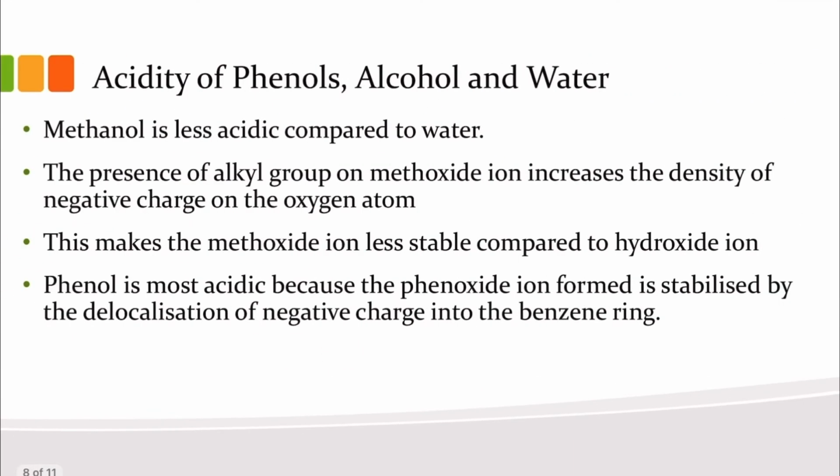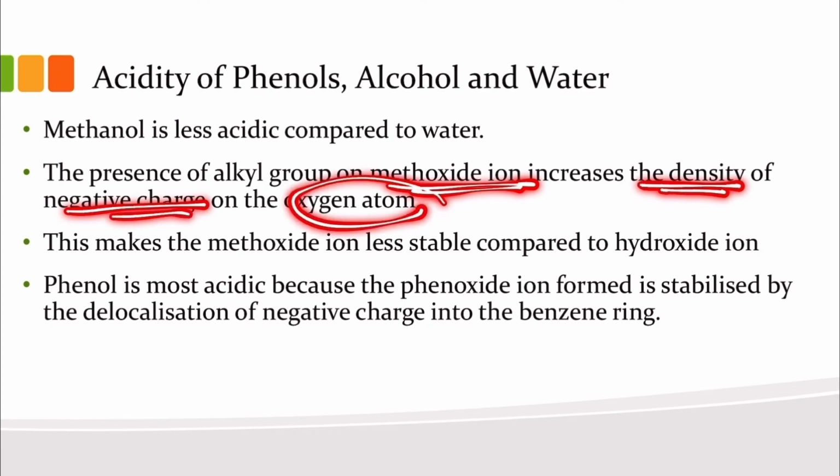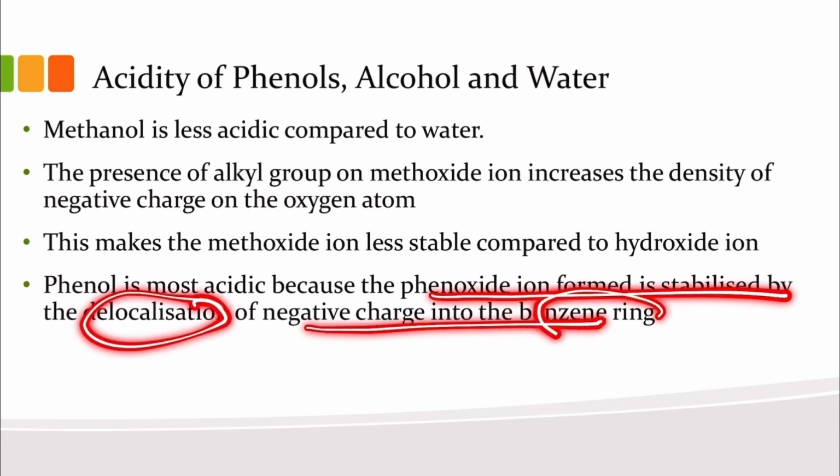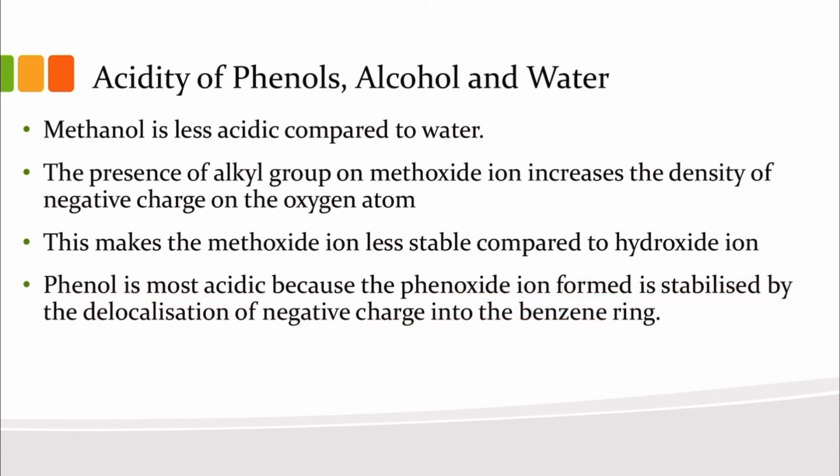So when methoxide ion is less stable than hydroxide ion, it will make methanol less acidic compared to water because of the presence of the alkyl group that will increase the density of negative charge on the oxygen atom. So methoxide ion is less stable compared to hydroxide ion, and phenol is the most acidic because the phenoxide ion formed is stabilized by the delocalization of negative charge into the benzene ring.